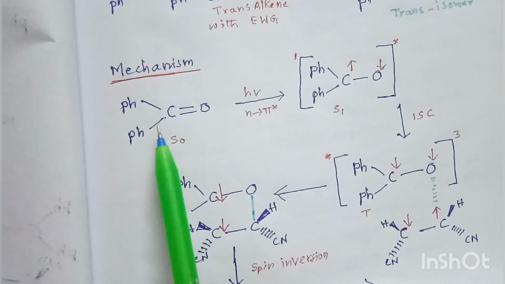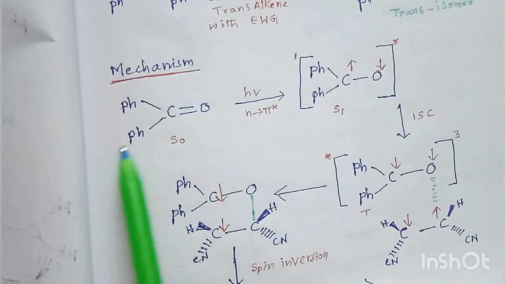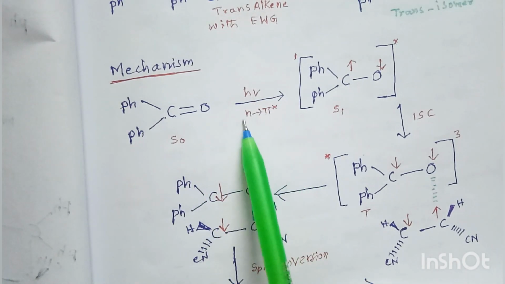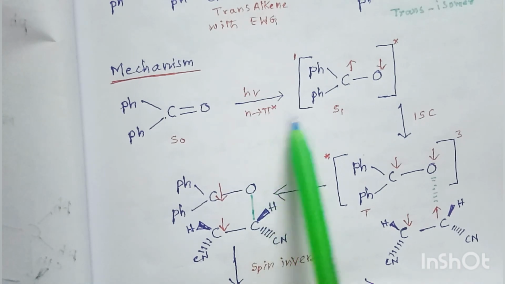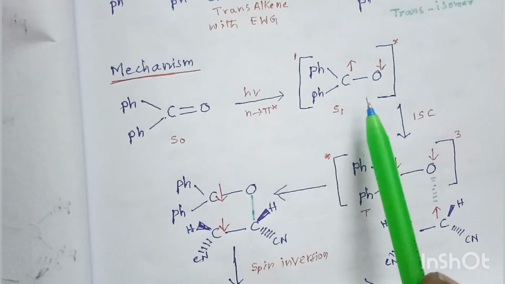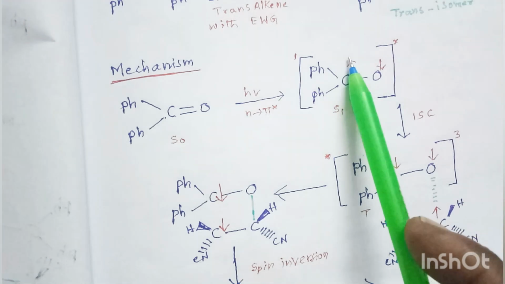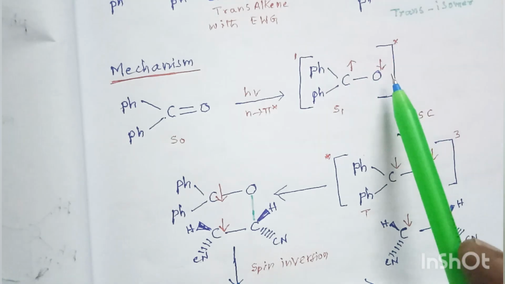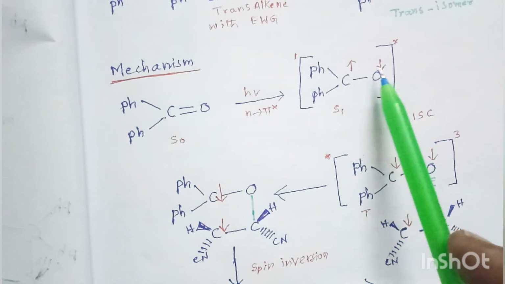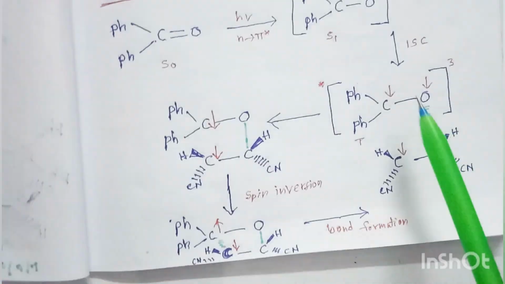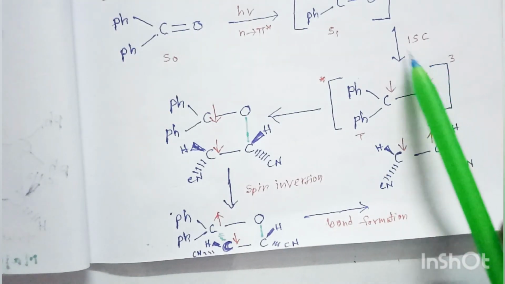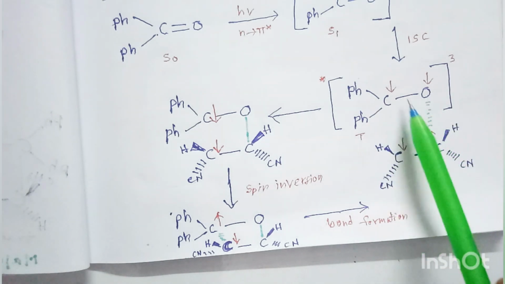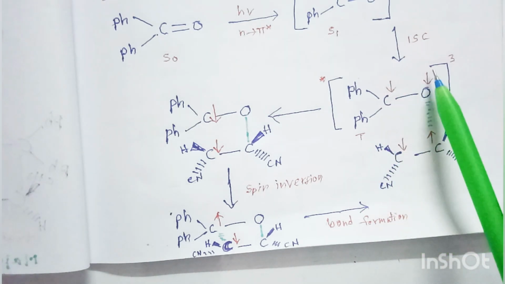This is the alkene. This is the carbonyl compound in the ground state. Upon irradiation by UV light, it undergoes n to pi star transition and enters the singlet state. In the singlet state, one electron will be clockwise and the other anti-clockwise, so they have opposite spins. Then, through intersystem crossing, this compound enters the triplet state, in which both the electrons have the same spin.